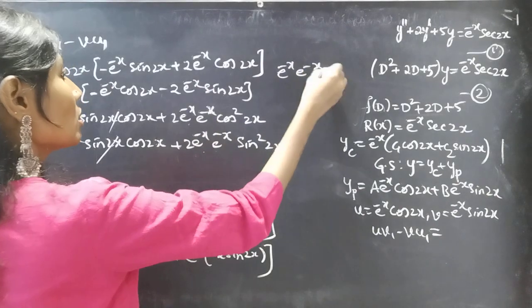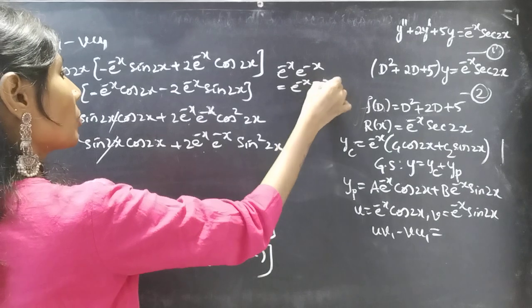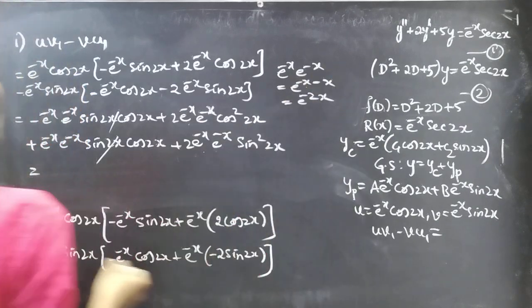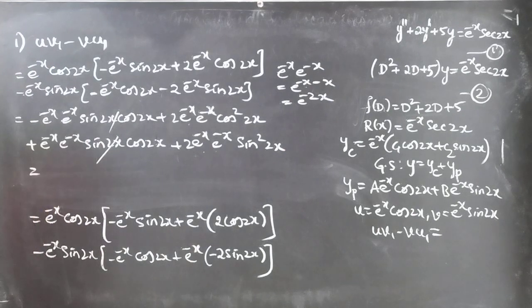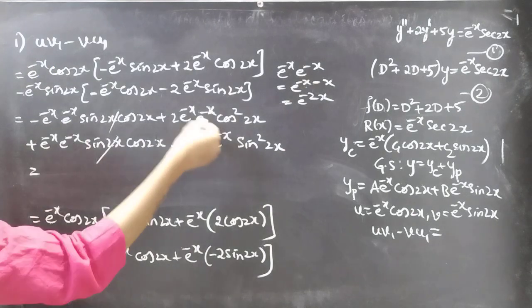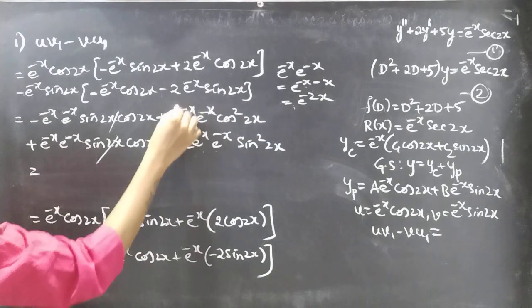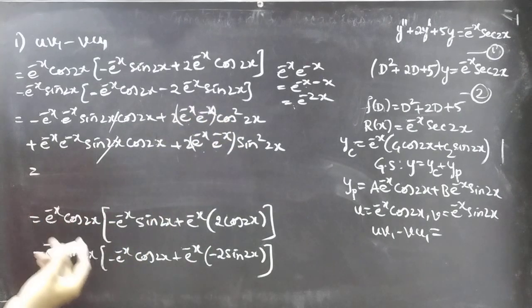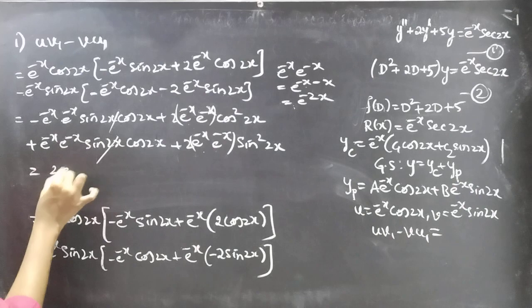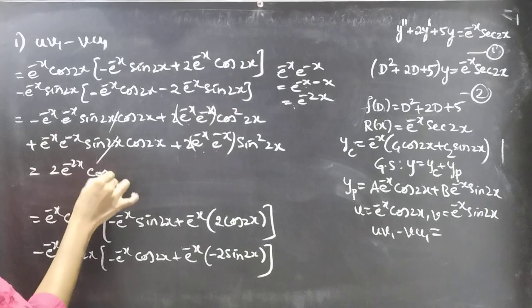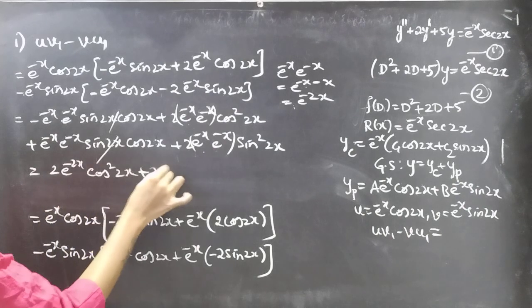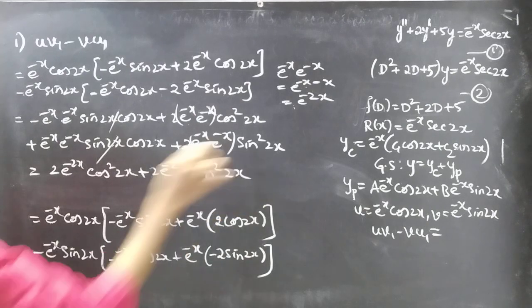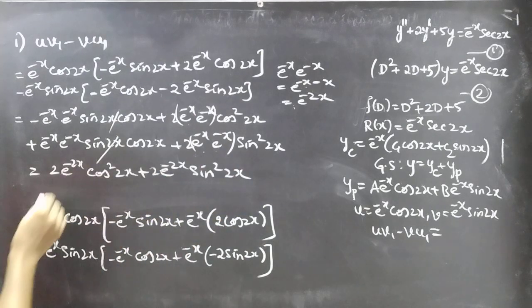We can write e power minus x into e power minus x as e power minus 2x, right? Just replace e power minus x into e power minus x with e power minus 2x, and we'll get 2 e power minus 2x cos square 2x plus 2 e power minus 2x sin square 2x. Now just take 2 e power minus 2x common from these two terms.